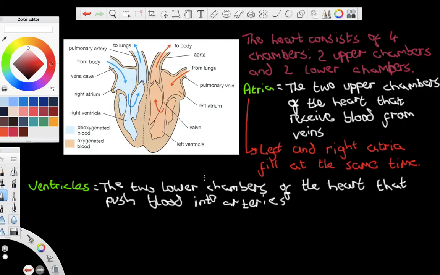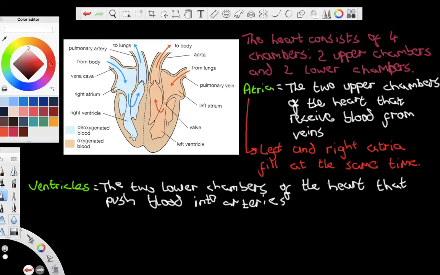Okay, so they are the two lower chambers of the heart that push blood into arteries. So the atria push blood down into the ventricles, and then the ventricles push the blood up into the arteries.